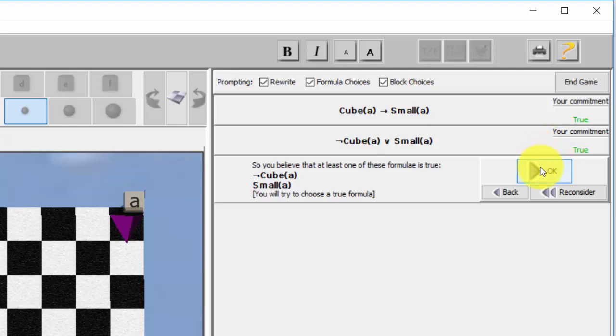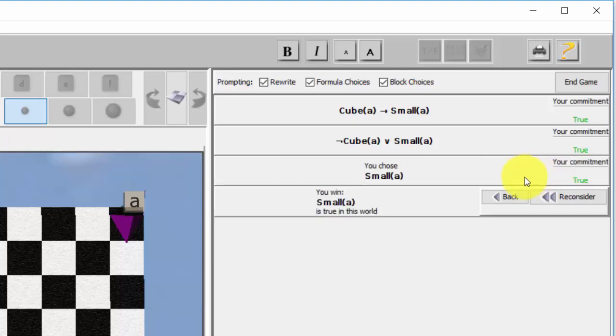So I believe that at least one of those formulae is true. And now I have to pick which one. Well, it's true that A is small. Hell, it's even true that A is not a cube.